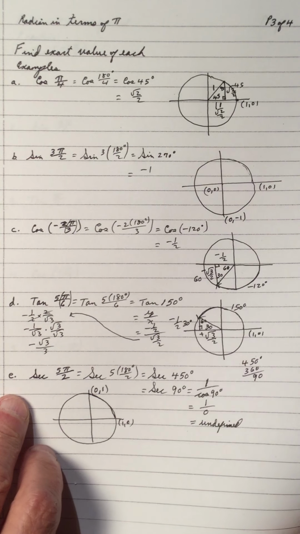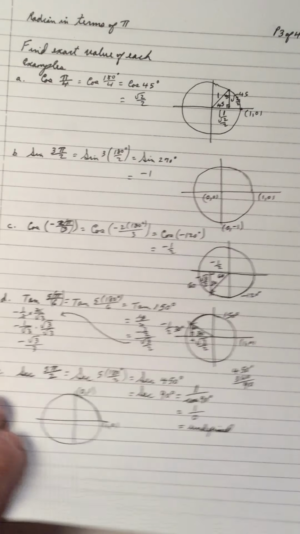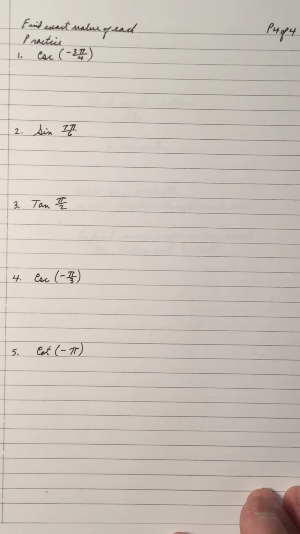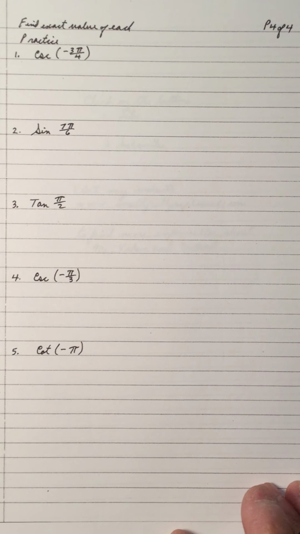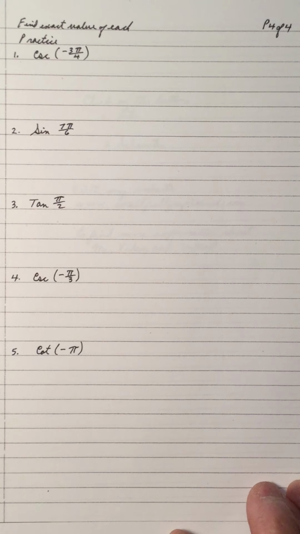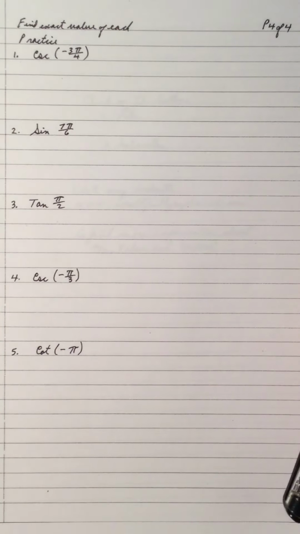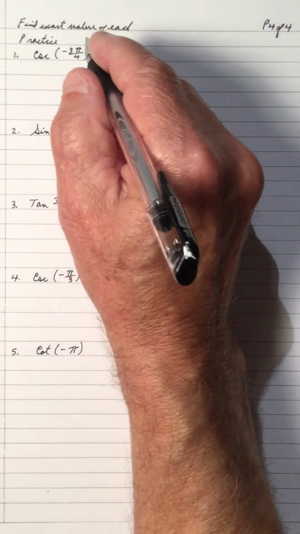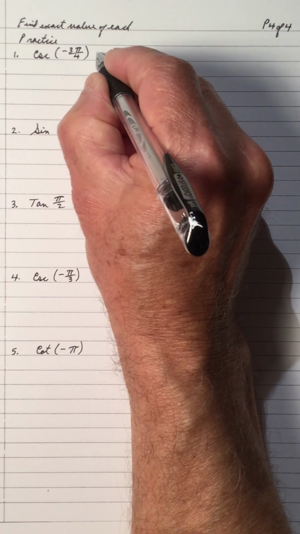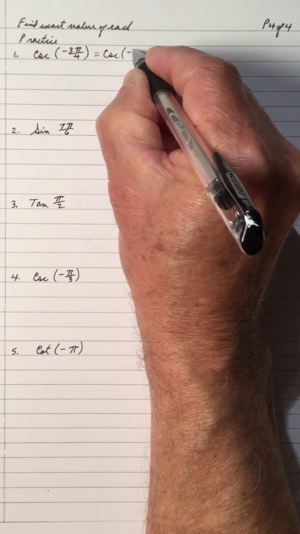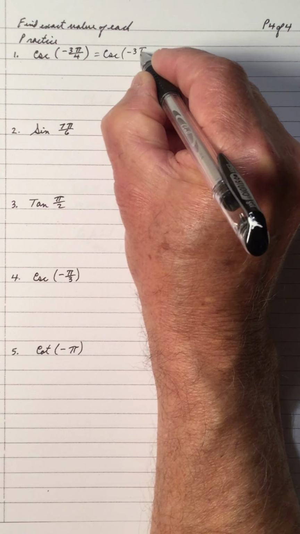Okay, those are some examples when we use radians. But notice we changed the radians to degrees and worked everything out like I did in the previous videos when we were working with angles. Find the exact value of each. Okay. The cosecant of negative 3 pi over 4.